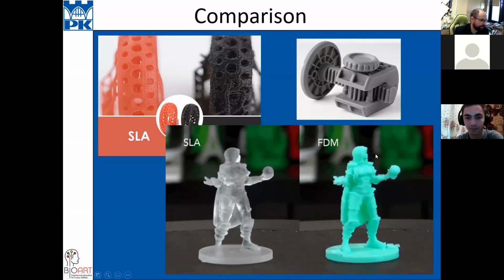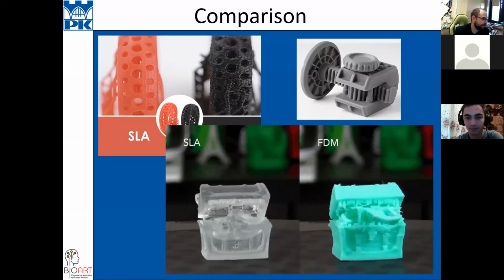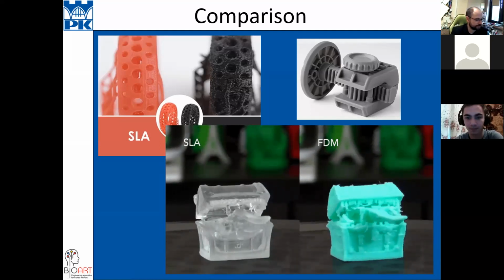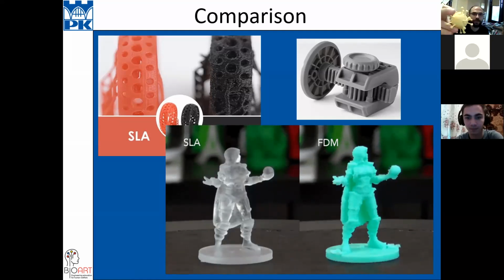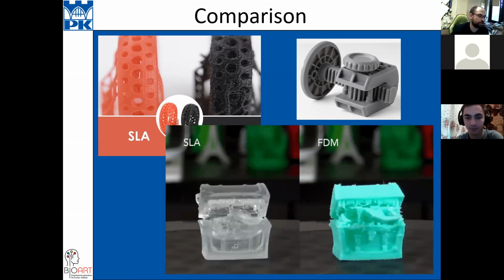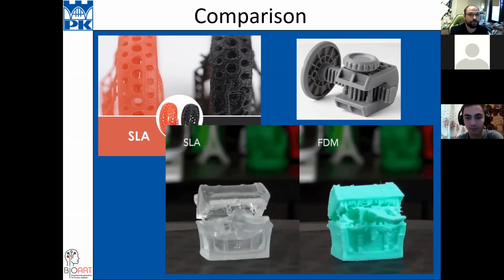I have a lot of examples here. I can show you some examples. For example, this is very good, and I'm not sure that my camera shows you the quality of these prints, but it's much better than you see on this video.